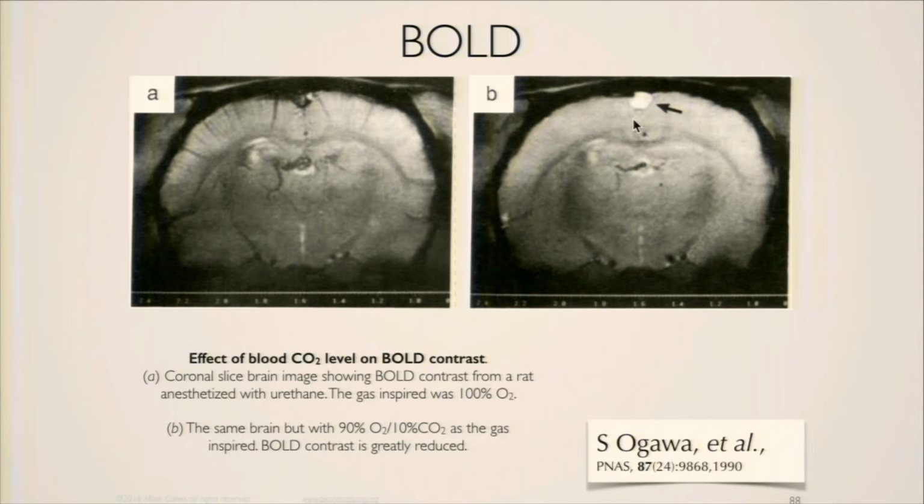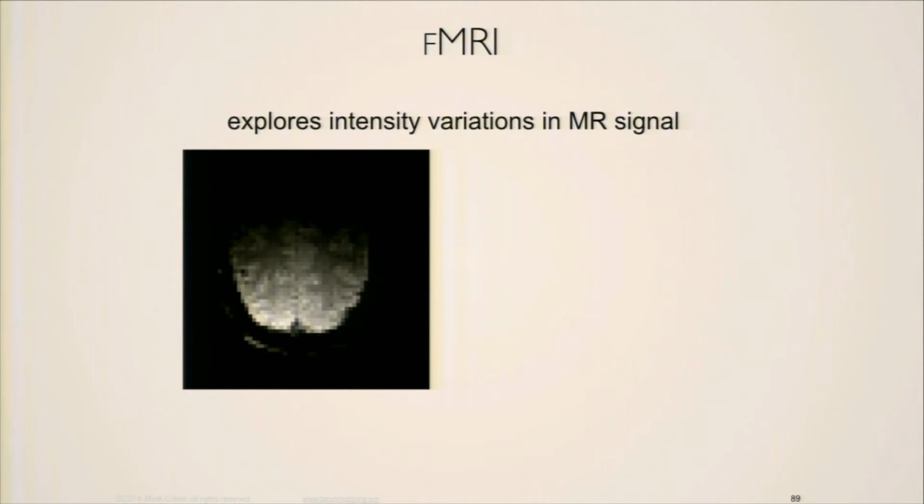And the difference between those two is showing where the deoxygenated blood is. These are Ken Kwong's original human data from these experiments. This is the back of somebody's head, using a little receiver coil on the back of the head, and in the presence of blinking lights.